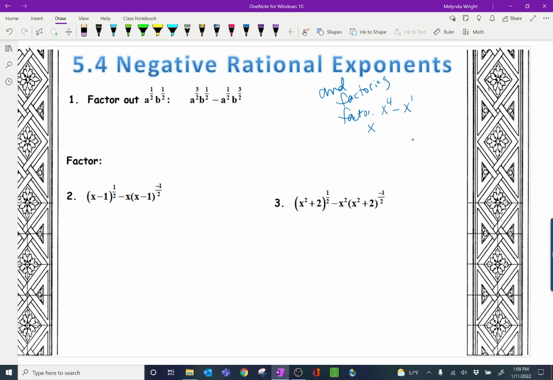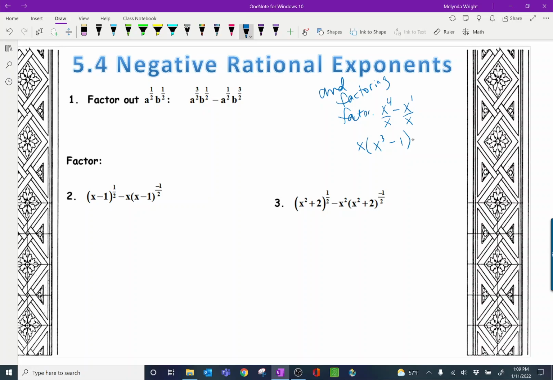So factoring is dividing. In our heads we would think, what would that look like if I divide that by x? X to the fourth divided by x is x cubed. X to the first divided by x is 1. That's how we typically factor. We choose the smallest exponent and we look for common bases.